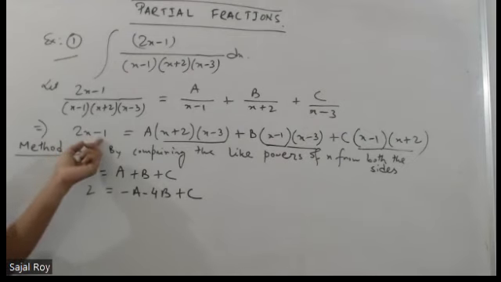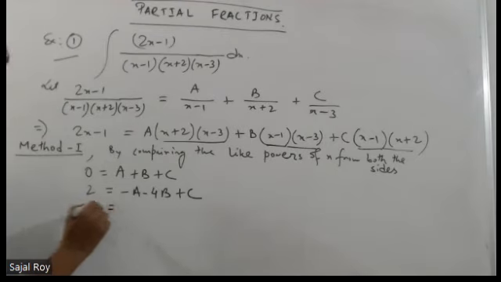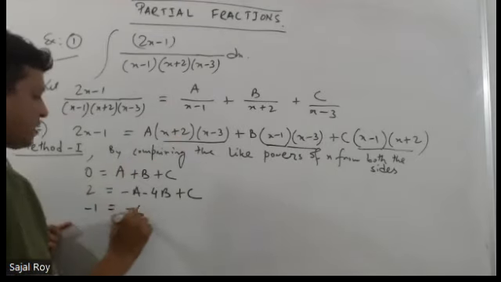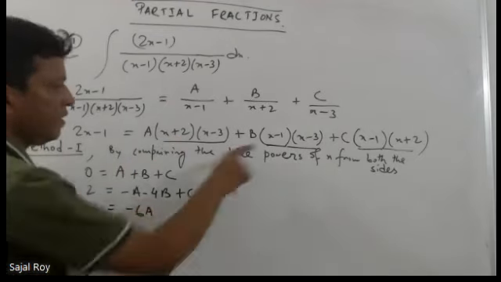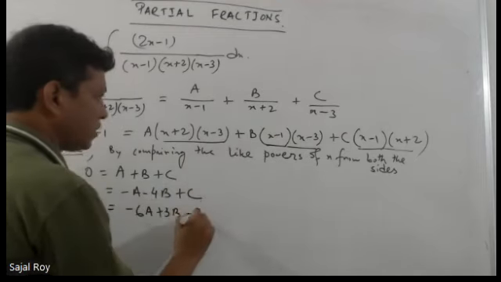And the constant term is minus 1 on the left. What is the constant term on the right? You have minus 6A plus 3B and minus 2C.